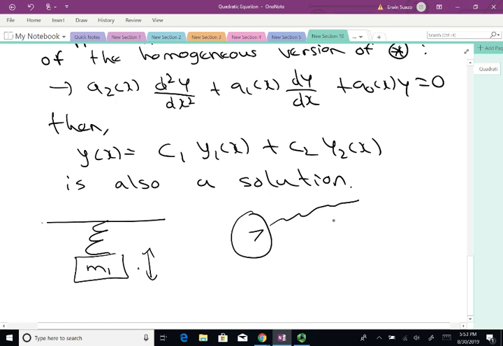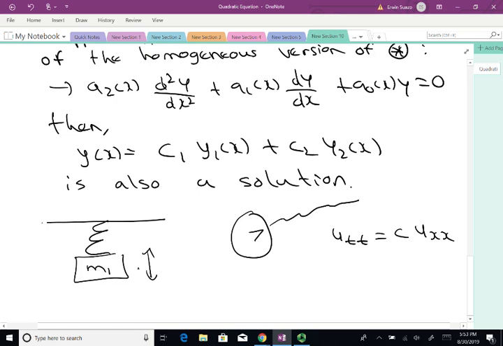From Maxwell equations you can derive an equation called the wave equation. This is a constant. This is a partial differential equation, but we'll do this later in the class, so it's okay to talk about it. So this is a wave equation.